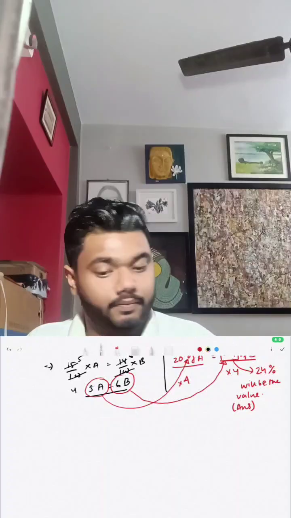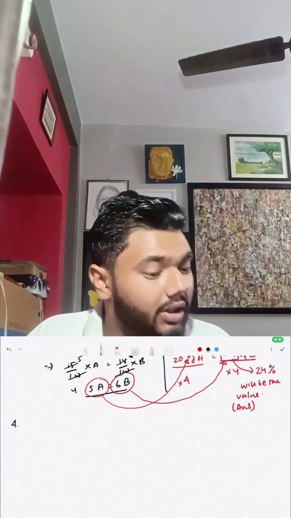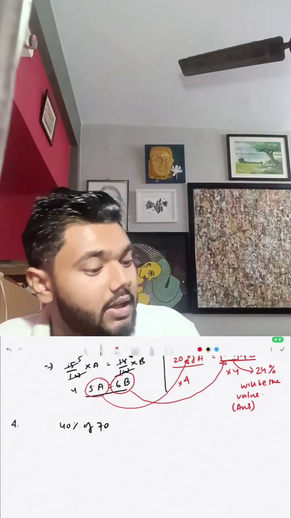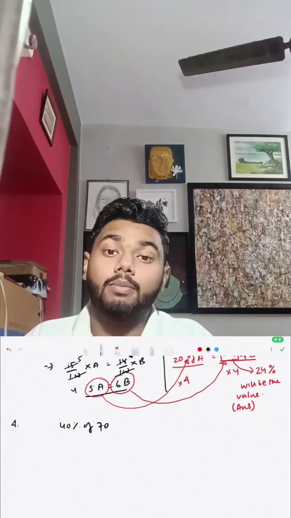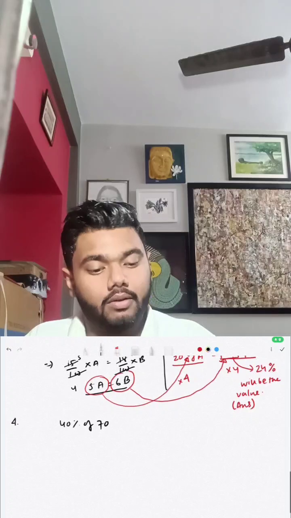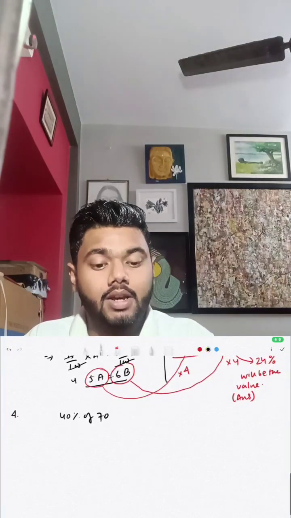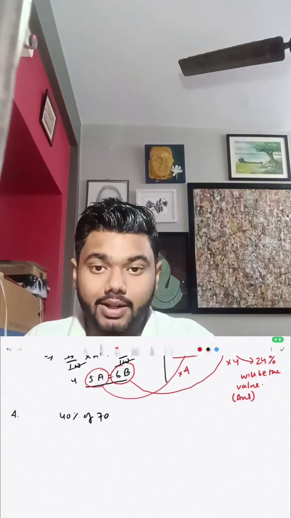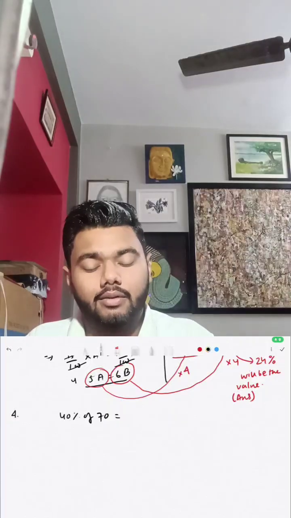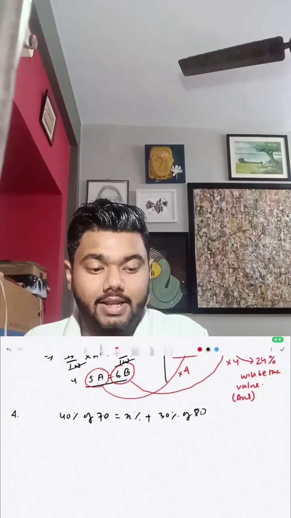Next one, number 4. If 40% of 70 is x more than 30% of 80, then find the value of x. Now, reading the question, we might write x percent plus 30% of 80, right?